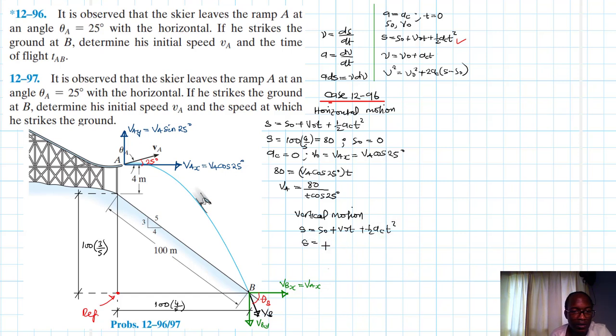Our S in our case here, that's vertical motion, is 100 times 3/5 plus 4, and this is equal to 64, right? Then we have S naught, sorry, this is S naught.